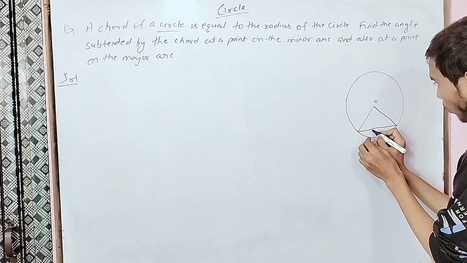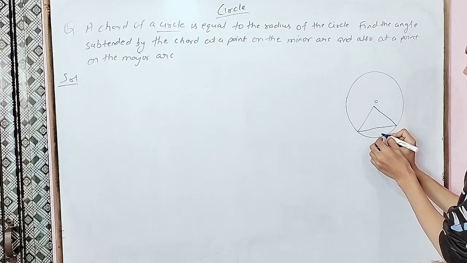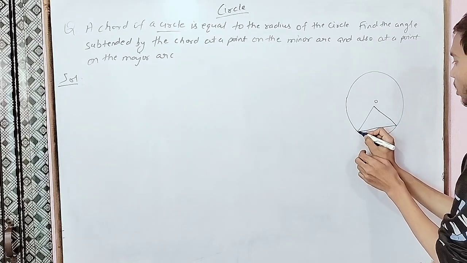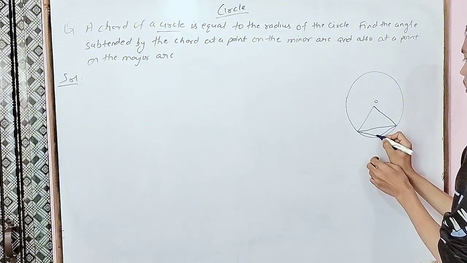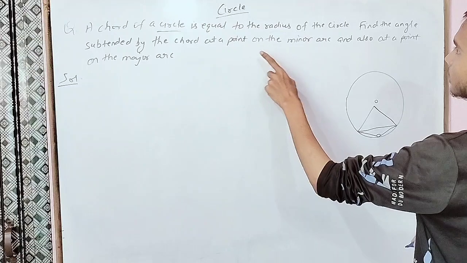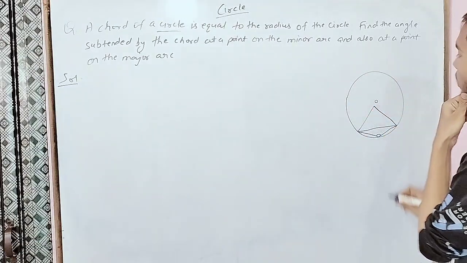Here, one angle will be subtended by this chord, like that. This angle. We have to find this angle by the chord at a point of the minor arc.